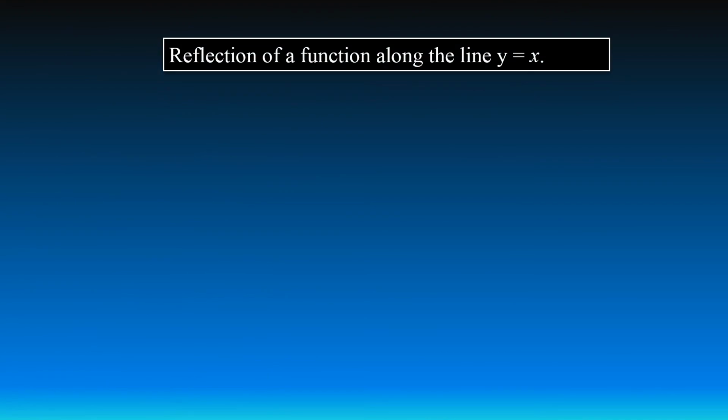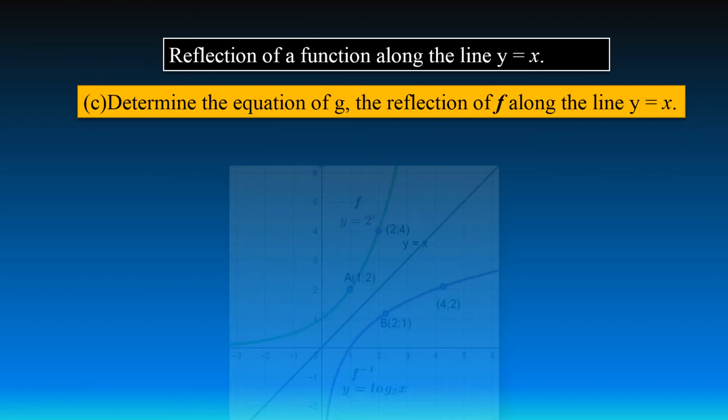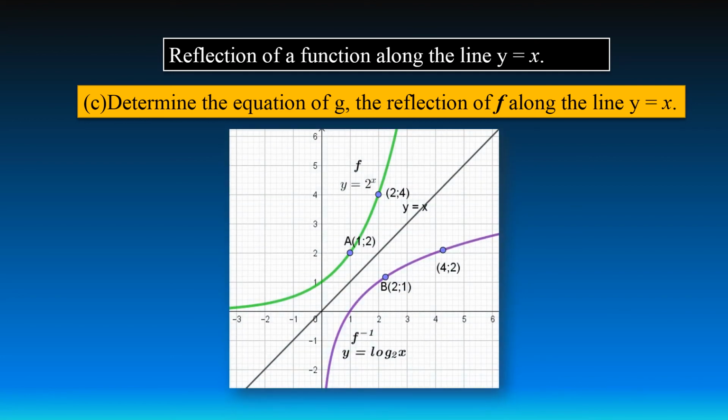Now the reflection of a function along the line y equals x. We already did it. We learned it in the inverse of a function. Here is the graph. You can see that the line y equals x is there. Look at the point A, (1, 2), and the reflected point is (2, 1). The point (2, 4), reflected point is (4, 2). That one represents the inverse of f.